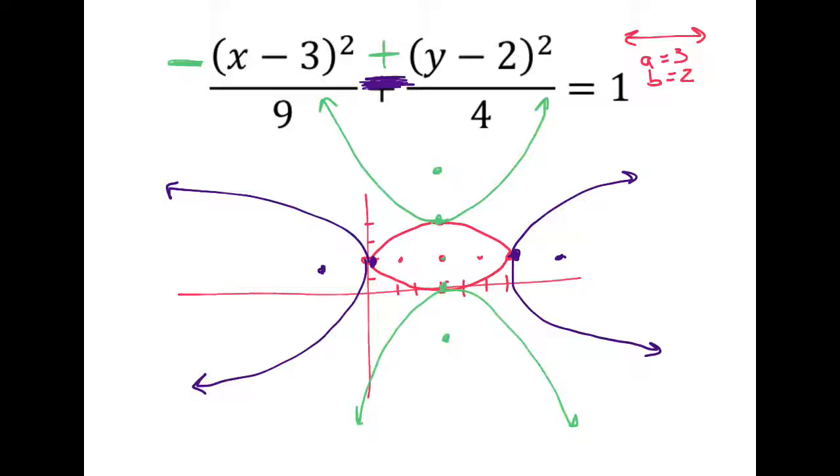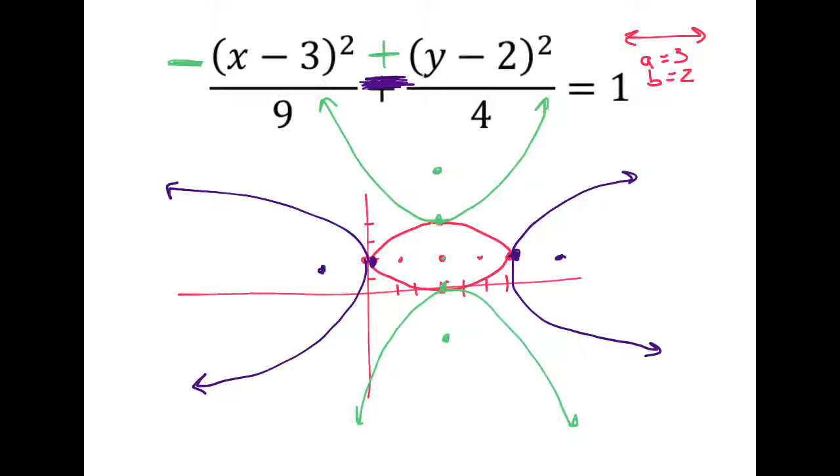Now we want to be able to make our curves as accurate as possible, and in doing so, we need to be able to sketch the asymptotes of the hyperbola. Yes, those branches, the two pieces, the legs going out, extending forever, approach slant asymptotes.